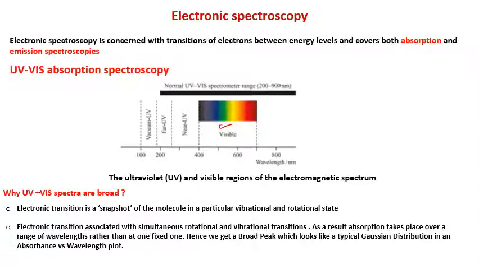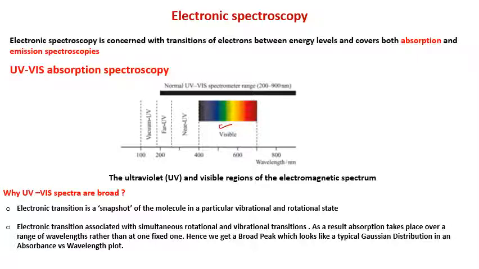Now, what is the fundamental of this UV absorption spectroscopy? So when a molecule absorbs an appropriate amount of energy, the electron within the molecule, normally the electron which resides in the occupied orbital, is excited to an unoccupied or partially occupied orbital.